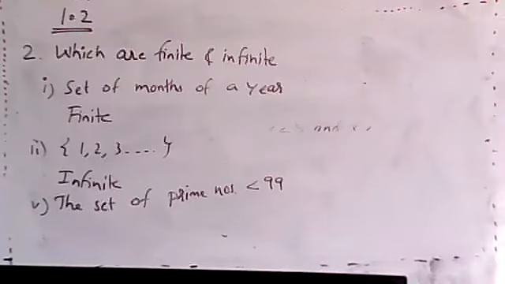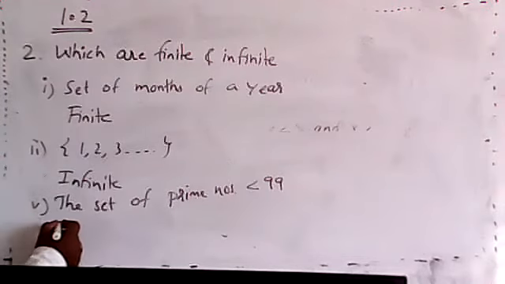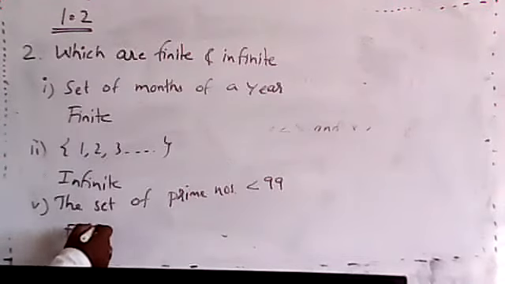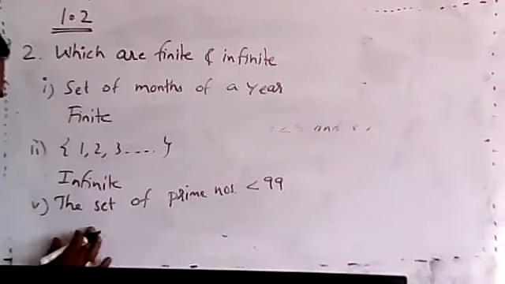Shravan has written all the odd prime numbers greater than 0 and divisible by 1. Yes. It means there is no negative prime number. Therefore, the question is clearly understood by you. It is a finite set. Okay. Many of the friends have given the reason. It's a finite set.